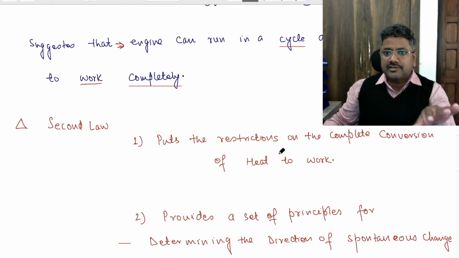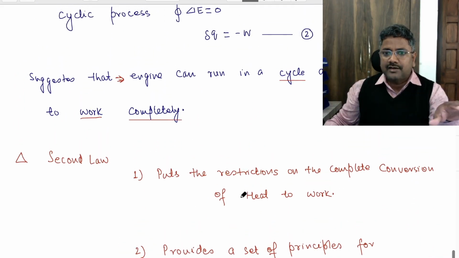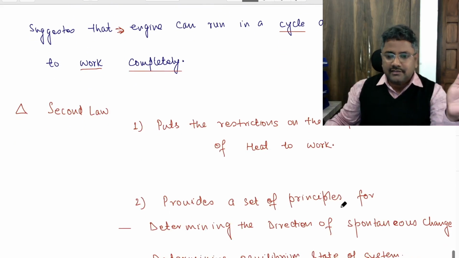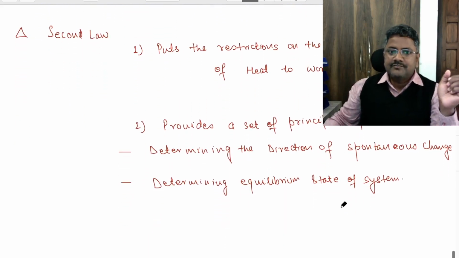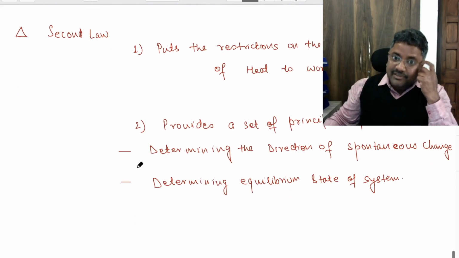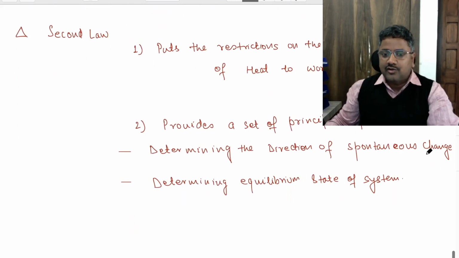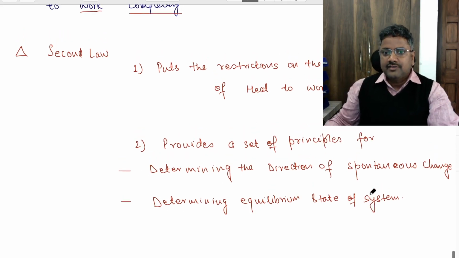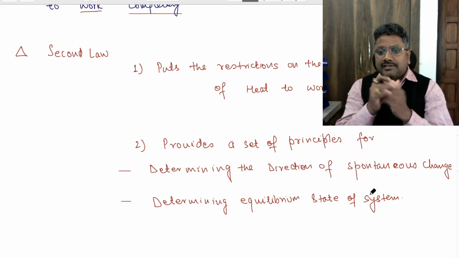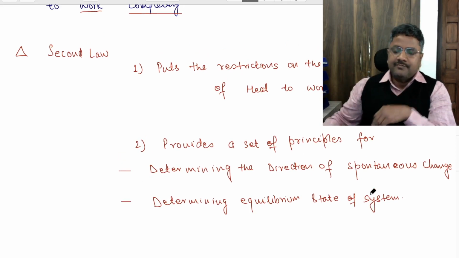So this is the application of the second law. It puts the restriction on the complete conversion of heat into work in a cyclic process, and provides a set of principles for determining the direction of spontaneous change and determining the equilibrium state of a system. So this is the role of the second law in chemistry, right?